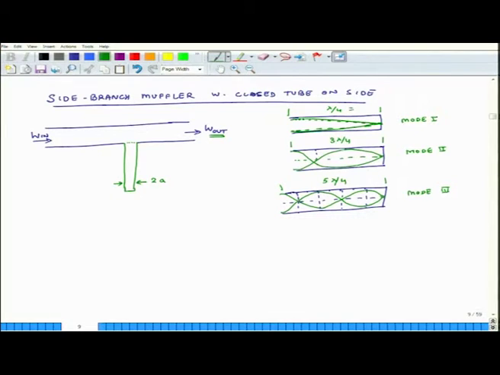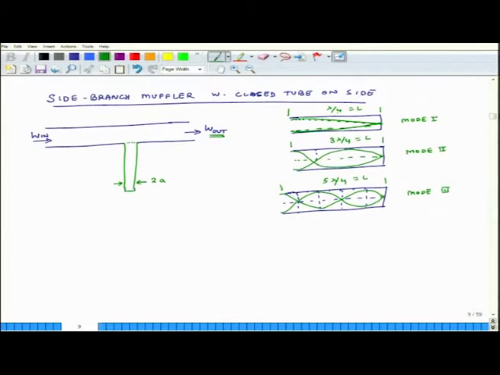So, lambda over 4 equals L, here 3 lambda over 4 equals L, here 5 lambda over 4 equals L, and so on and so forth. So, the point is that all these resonances can exist, can develop in a closed tube. So, if I attach such a tube to the side, it will have a natural tendency to suck in all the sounds associated with lambda, this frequency or this frequency or this frequency and so on and so forth.